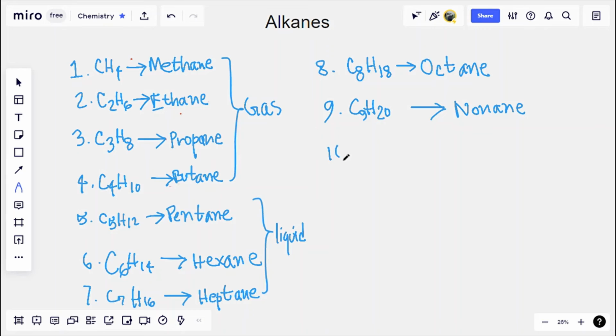And the 10th one is C10H22, known as decane. So let's try furthermore. 11th one is C11H24, is undecane.